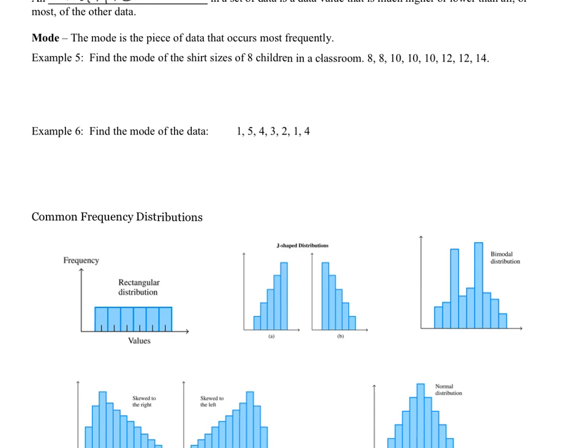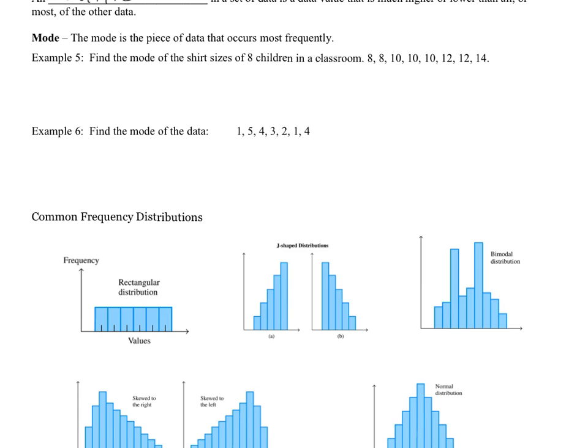In fact, the mode, and I missed this in the previous two examples, the previous two examples are quantitative ideas. Finding the mean and finding the median, you have to have numbers in order to make that work. Whereas a mode can be used for quantitative data and for qualitative data.